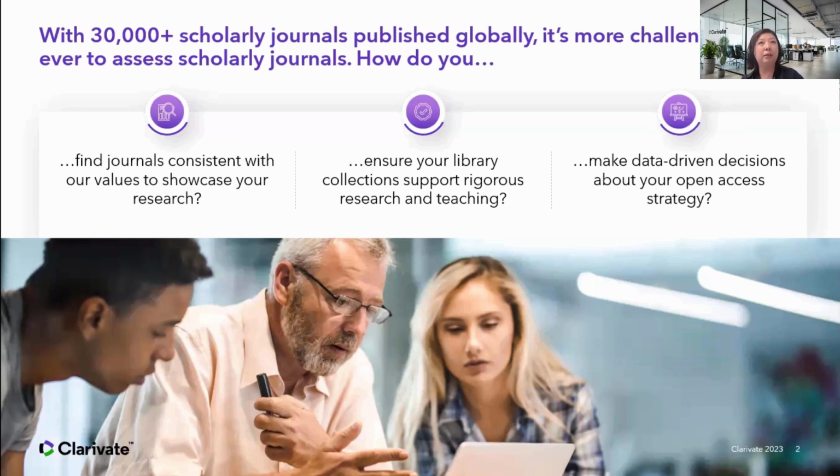And it's now very challenging for you as a researcher to determine which is the best fit journal for your manuscript. Some of your organizations or institutions might be able to guide you along and show you, oh, this is a set list that you should be referring to. But with the rapid increase in the journals and open access publishing, it sometimes is challenging to get the most updated list as well.